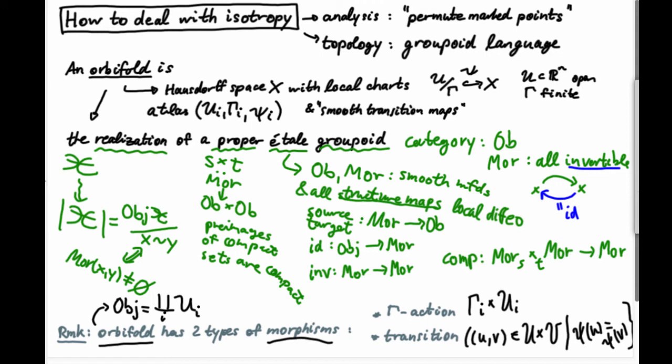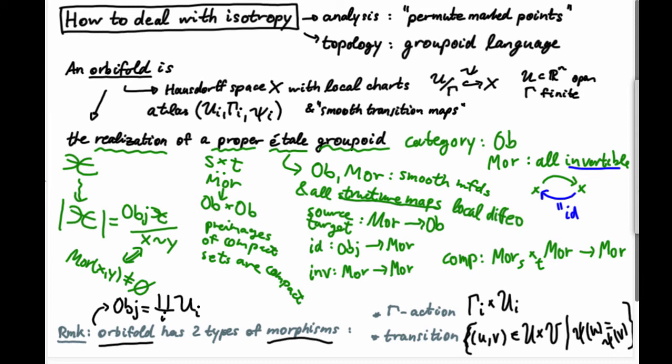So that's certainly the points that I need to glue together for the topological realization to become the space that I think my orbifold is. So I need to think about to what extent that has a smooth structure.